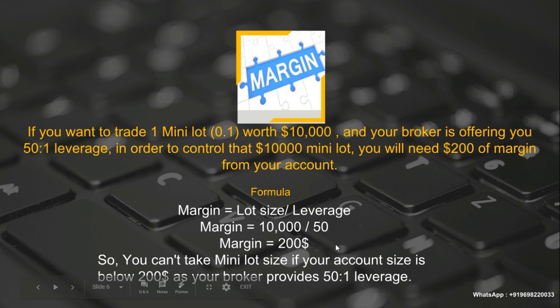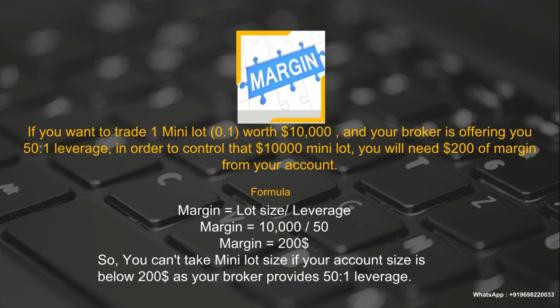Let me show this with a formula. Margin is equal to lot size divided by leverage. Here lot size should be the worth in dollars that you need to enter. So one mini lot is worth $10,000, so we need to enter 10,000 divided by leverage.